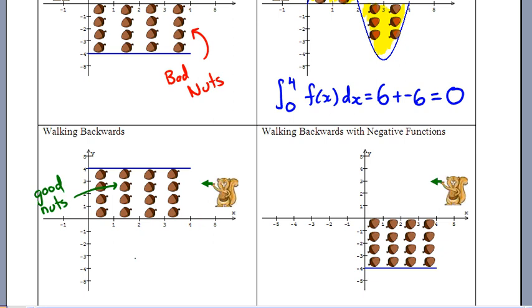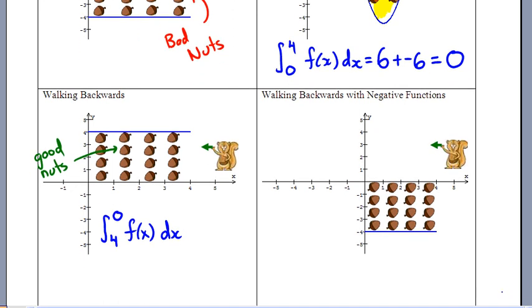So if you're ever asked to do an integral like this, an integral from 4 to 0 of f of x dx, in this case, it looks like the f of x is beautiful, right? The f of x is positive. These were good nuts.